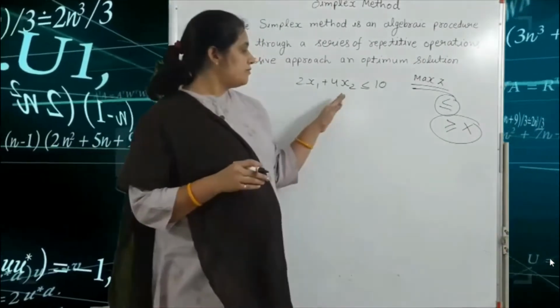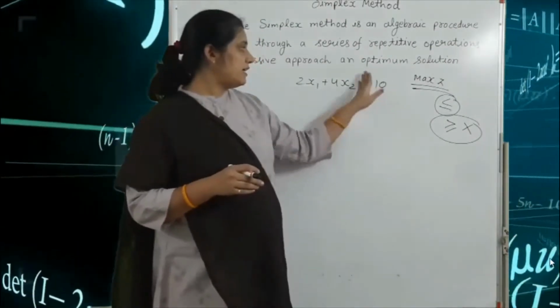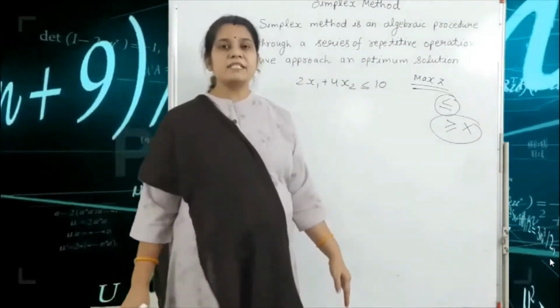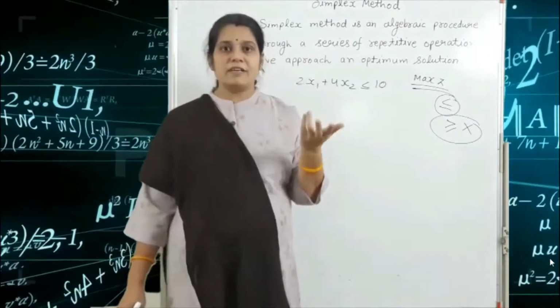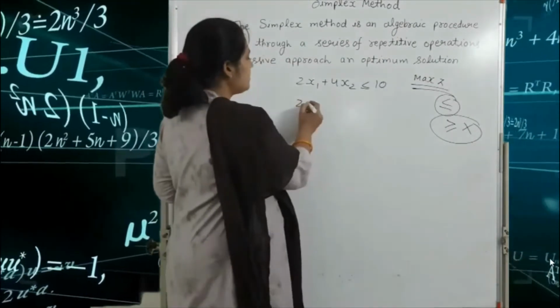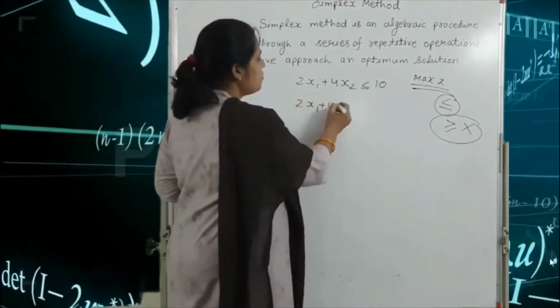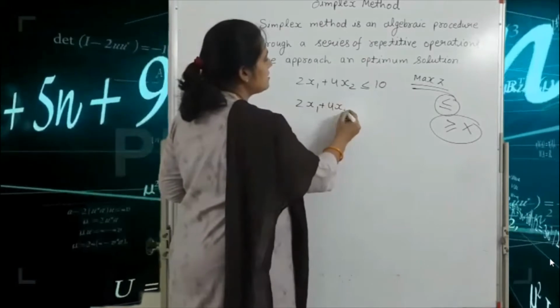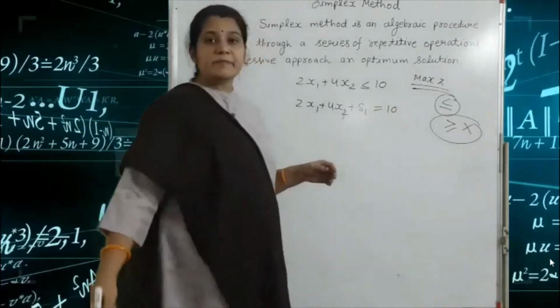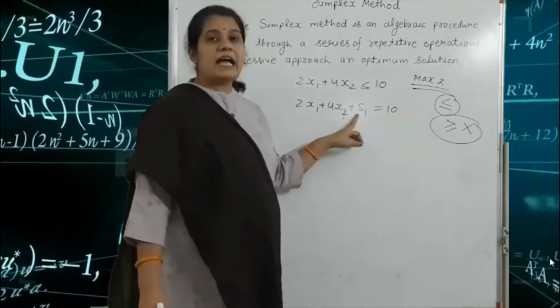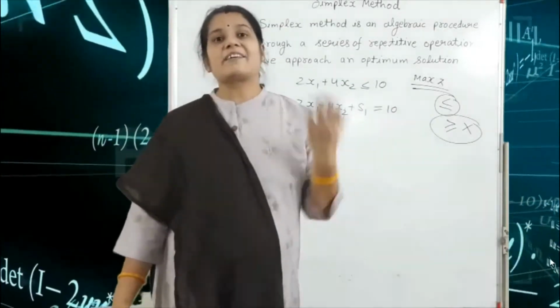If we write the equal to sign, that means we add some value. So we write 2x1 plus 4x2 plus s1 equals 10, where s1 is the slack variable.